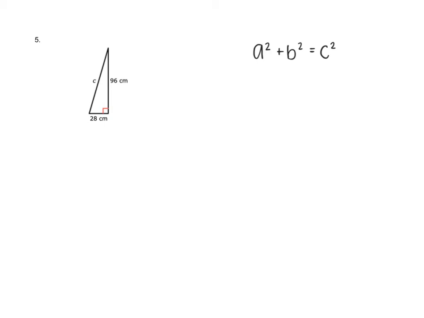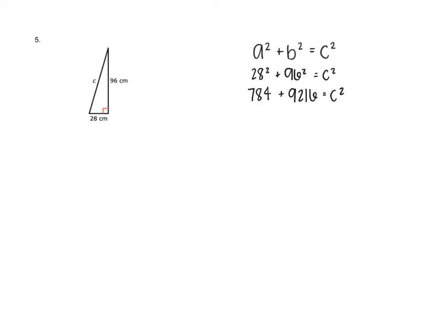For number 5, we're solving for the hypotenuse, so I'm going to substitute in the values I know. So 28 squared plus 96 squared equals c squared. 28 squared is going to be 784. 96 squared is going to be 9,216.